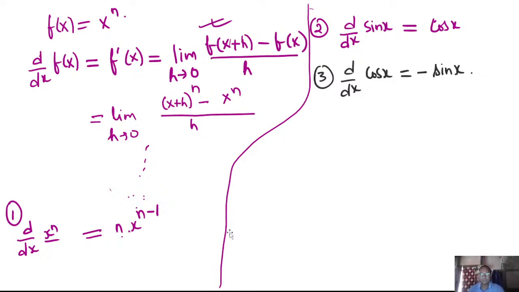From now on, the derivative of sin x is cos x and of cos x is minus sin x, right? Okay, right. One by one we are going to discuss these formulas.